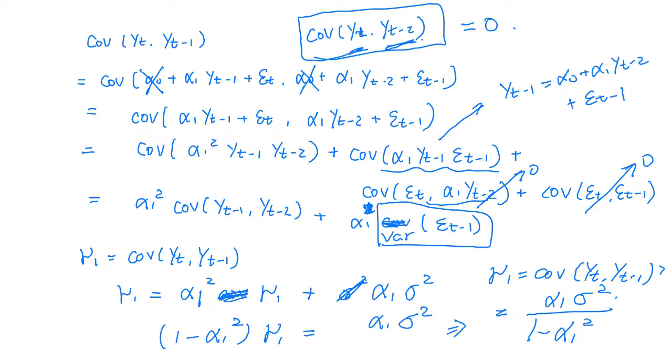Okay, so let's move to problem number 2. Now I'm looking at a moving average model instead of the AR1 model. Consider the following MA1 model. MA1 looks like this.